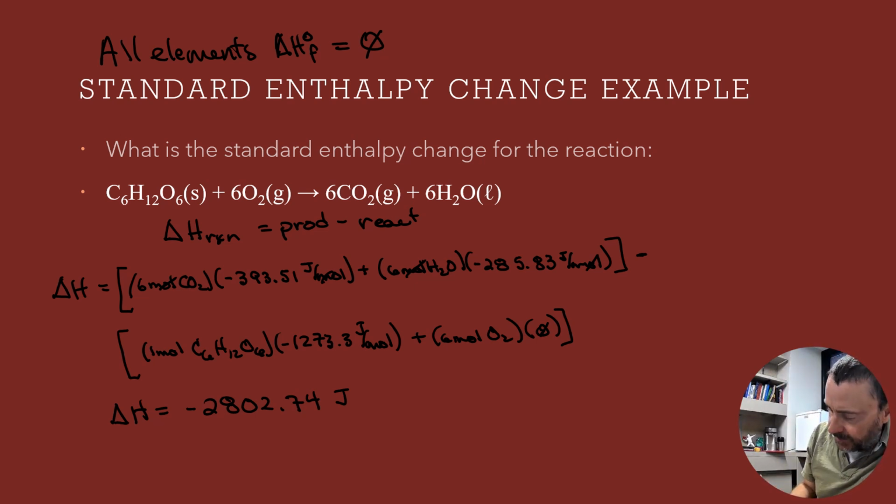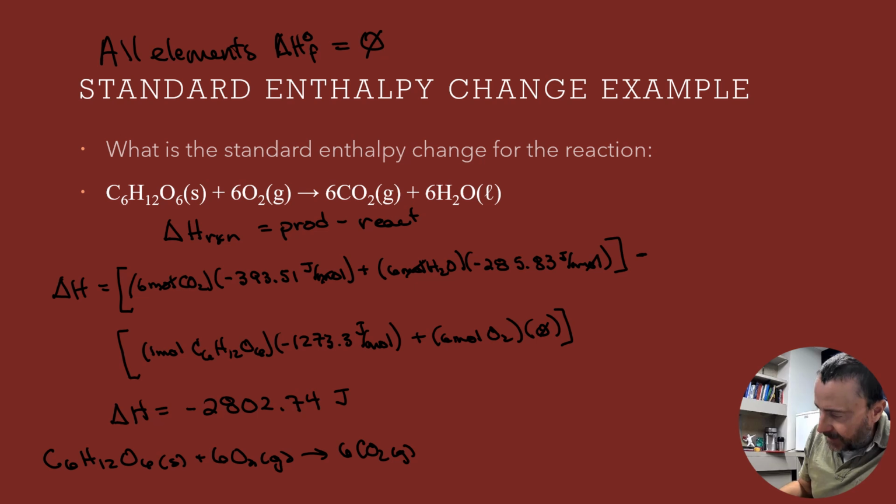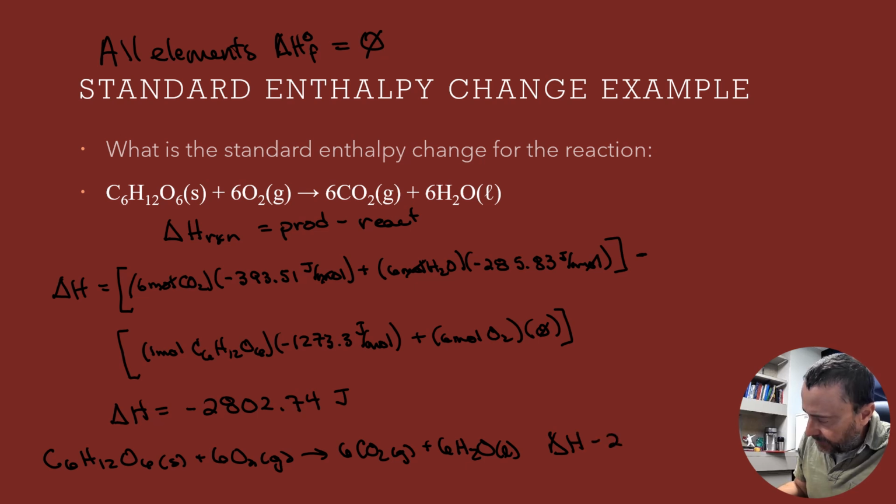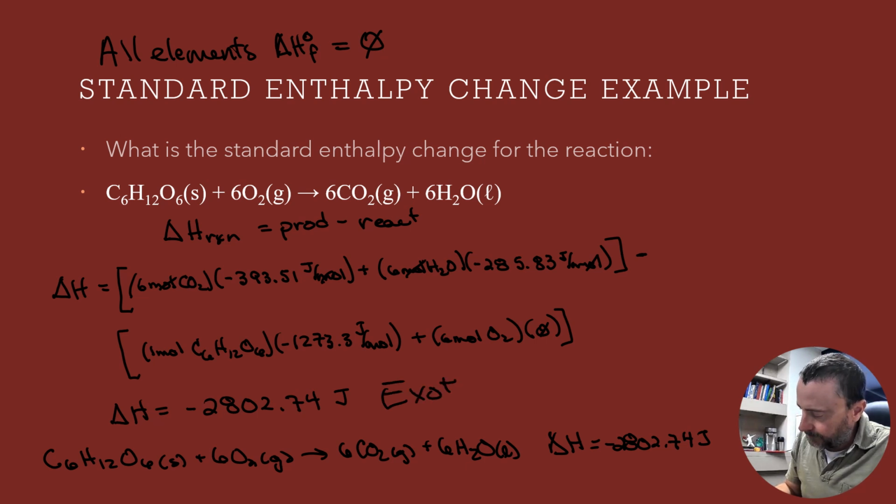All that is writing the equation with all the states of matter and everything else here, and we're going to include at the very end the enthalpy change. That's the only difference from a balanced chemical equation, that we're including that one little bit of information. So we can write that whole thing out.